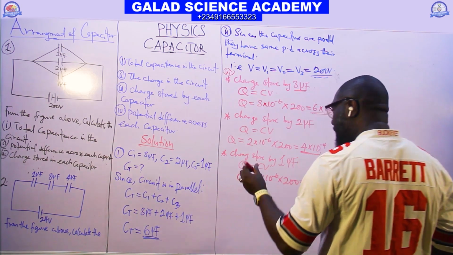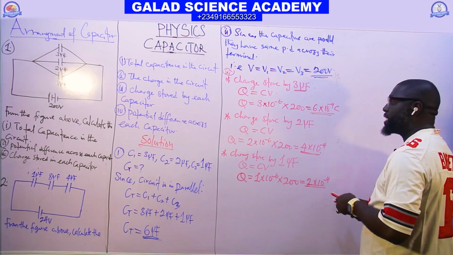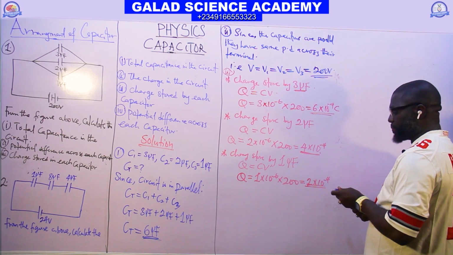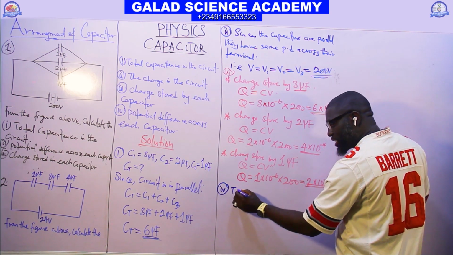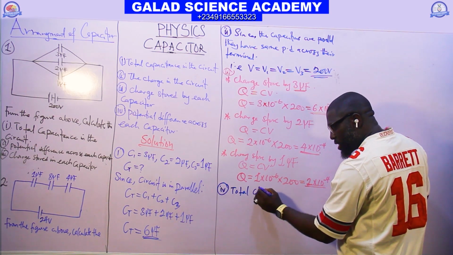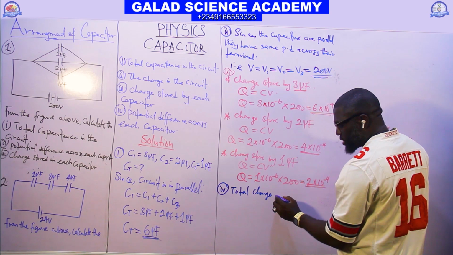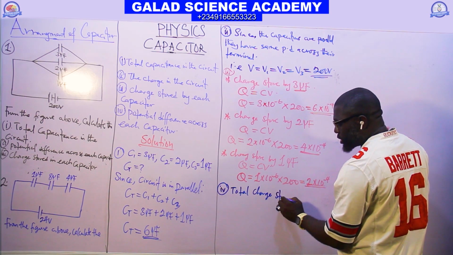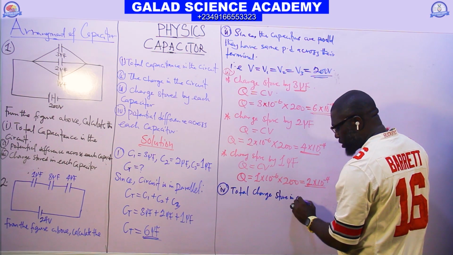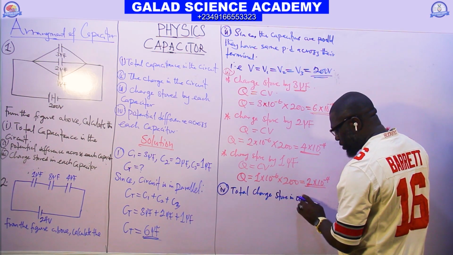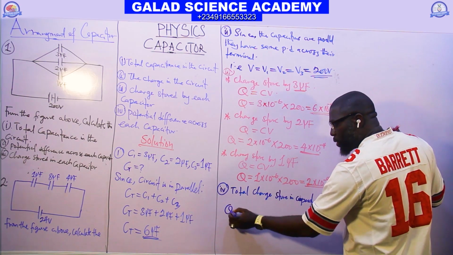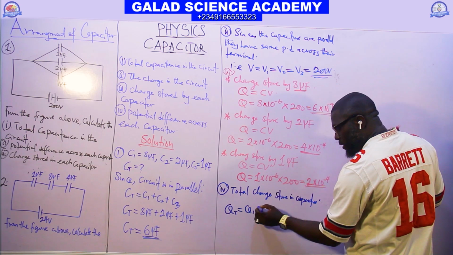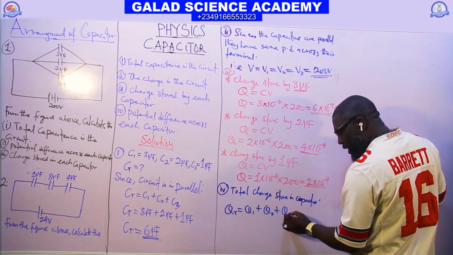But at times, they can also add this question. If you're asked to find the total charge stored in the circuit or in the capacitor plates, the total charge QT will be Q1 plus Q2 plus Q3.